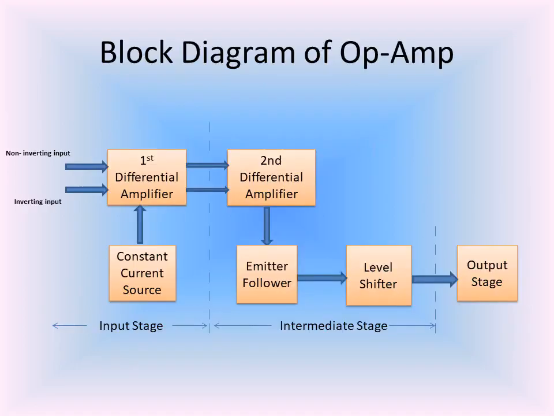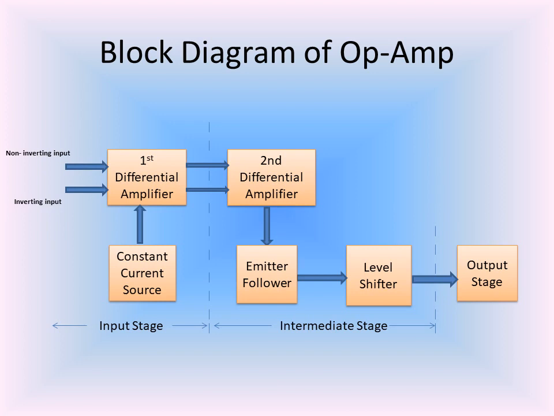Now this is the block diagram of an op-amp. Op-amp basically has these following three stages: input stage, intermediate stage and output stage. Input stage consists of a differential amplifier along with a constant current source. The differential amplifier basically has two inputs.